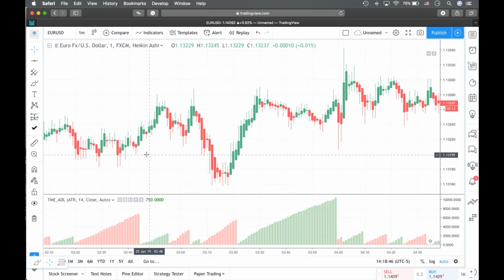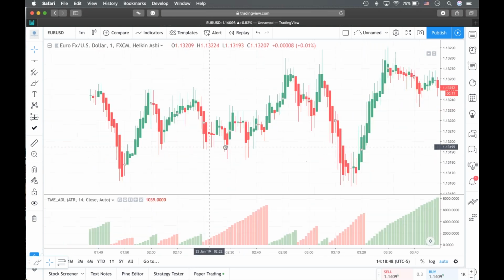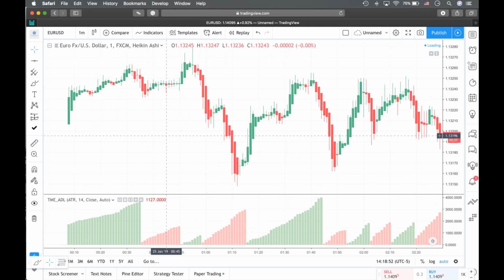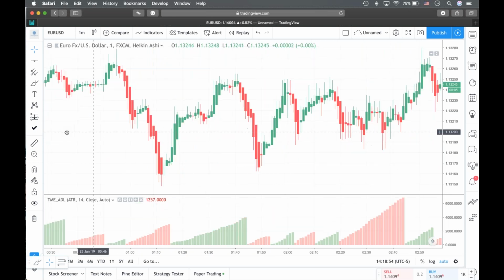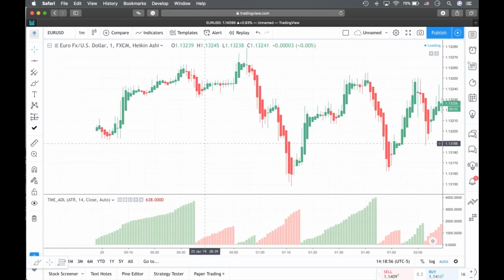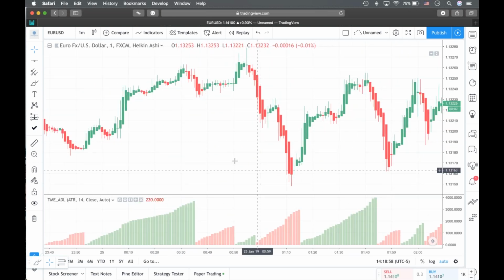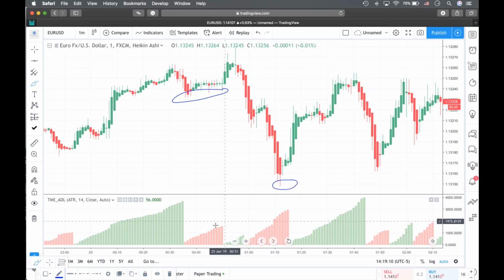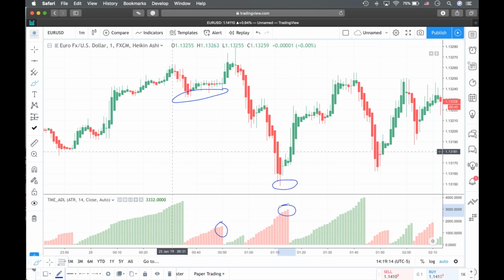See if anything pops up. Maybe we can find some buy this time. Let's look for a buy signal. Okay, here it is. So a buy signal is just the other way around. You want the chart to go and create lower lows, okay, like here and here, but at the same time the oscillator should create higher highs.